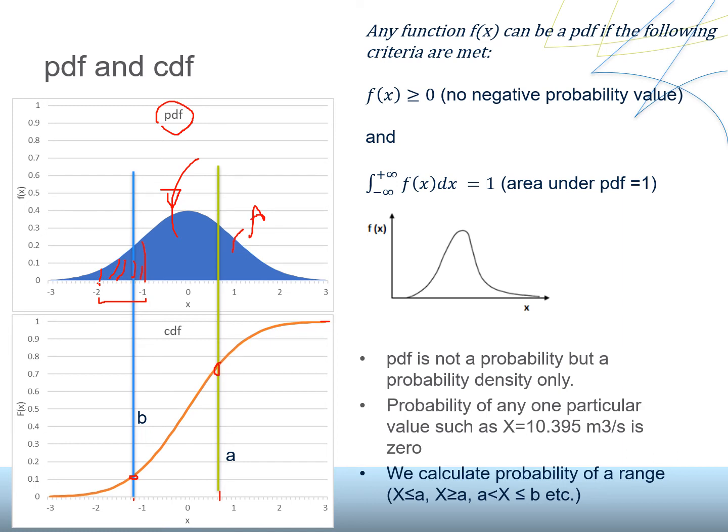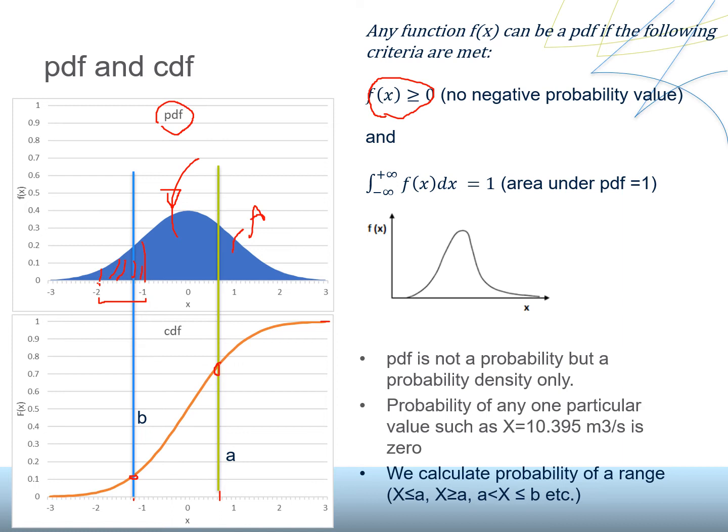So what is the requirement of a probability density function? Any function whose value is not negative, and the area under the curve is exactly 1, can be a PDF.